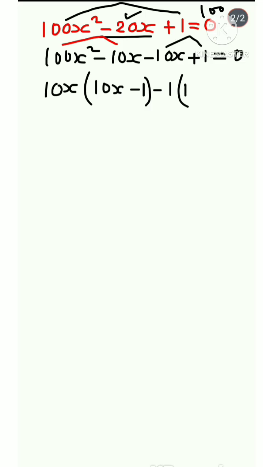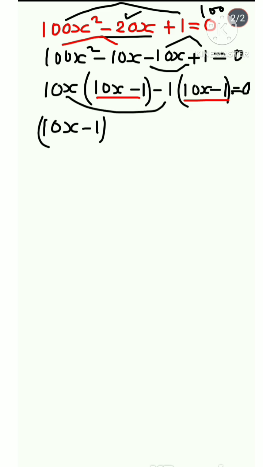Here remains 10x minus into plus minus 1 equal to 0. Now 10x minus 1 is common. So 10x minus 1, and here remains 10x minus 1, 10x minus 1 equal to 0.